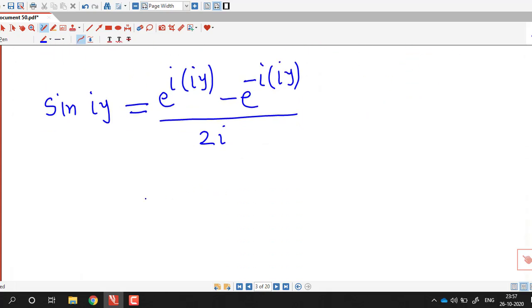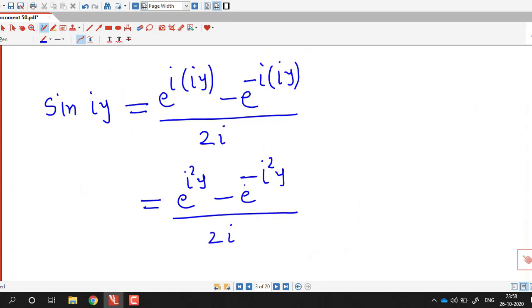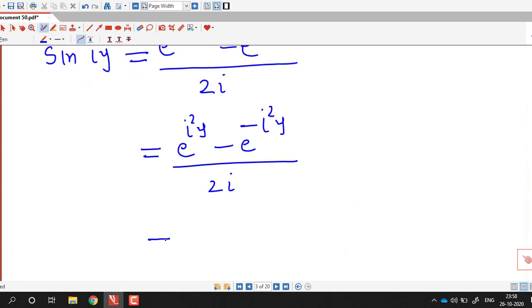Now if we simplify this, we obtain (e to the power i²y − e to the power −i²y) over 2i, and if we put i² equal to −1, it is (e to the power −y − e to the power y) over 2i.